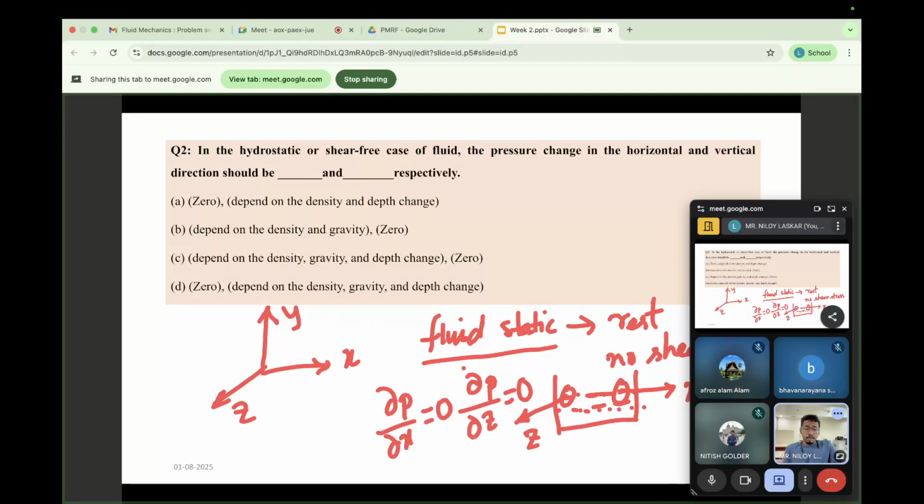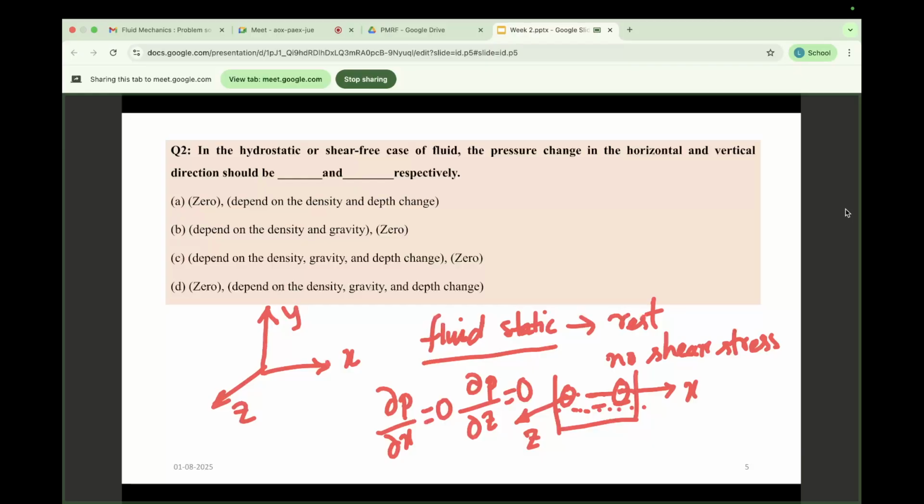So, Nitish, you got this point that in the horizontal direction, as there is no shear force, the pressure variation is zero. But in the vertical direction, if this is a fluid, this is point 1 and this is point 2.